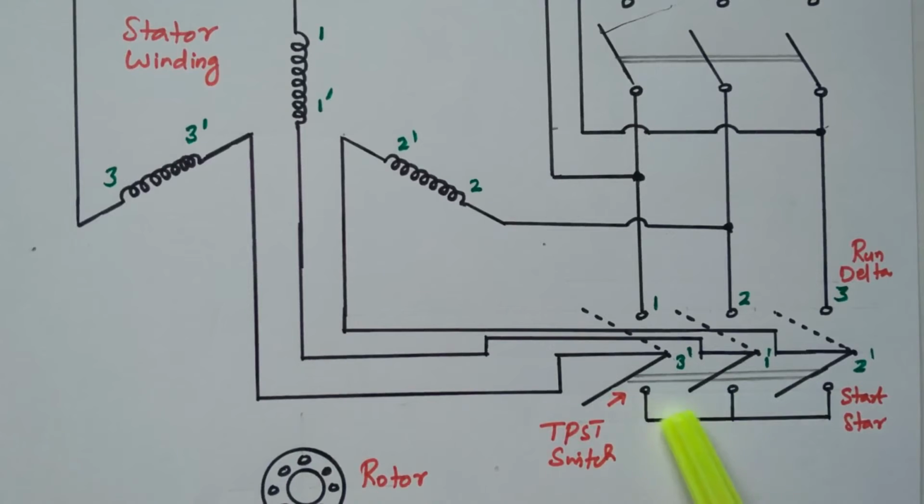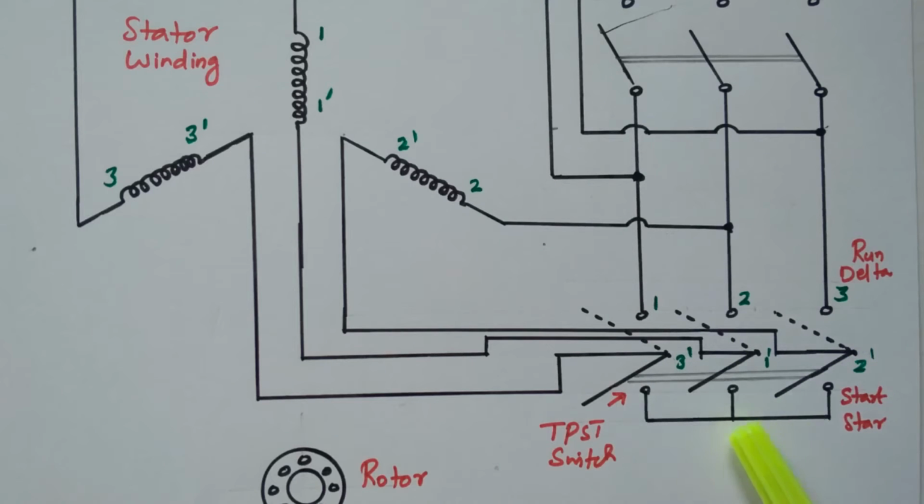If you connect the switch at the bottom end, the stator winding is connected in star connection, that is 1 dash, 2 dash and 3 dash are connected. If the switch is connected at the upper end, then it is a delta connection, that is the winding portions 1, 2, 3 are connected, right.